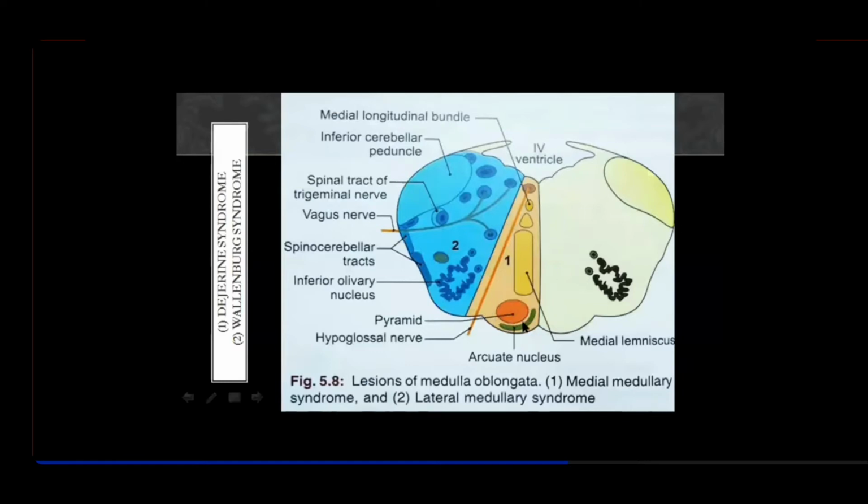If the pyramids, which carry the corticonuclear fibers, are damaged, what will happen? These are descending fibers. They have not yet decussated, because decussation happens down below in the lower portion of the medulla.